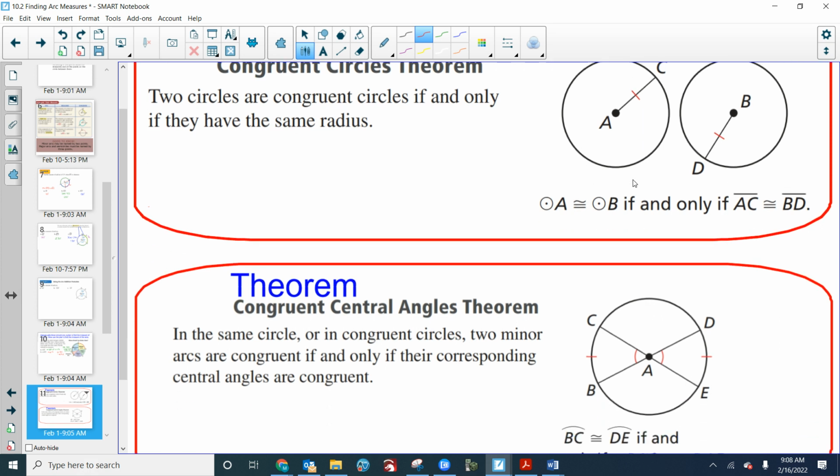Scroll down a little bit. So in the same circle or in congruent circles, two minor arcs are congruent if and only if their corresponding central angles are congruent.